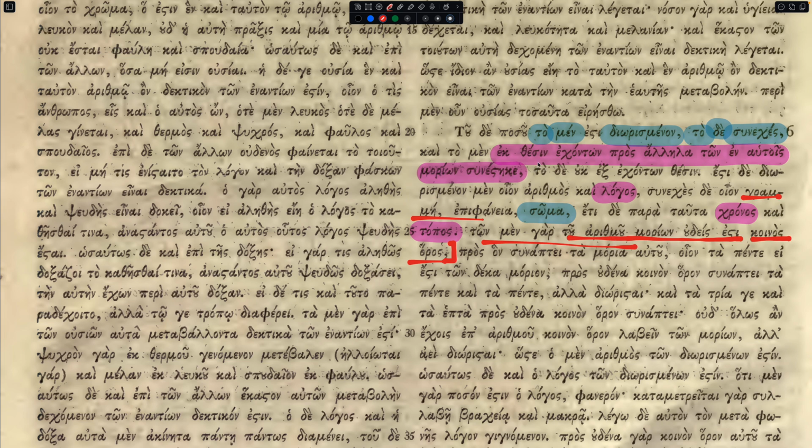We have the first one for bounded numbers, discrete numbers, and they, once again, ekthesin ekonton, having position, prosalela, in relation to one another, ton en autois morion sunesteike, and their parts meet up. This one, ton mengar, of these things spoken about, gar tua rhythmu, of number, morion, parts, udis esti, koinos horos.